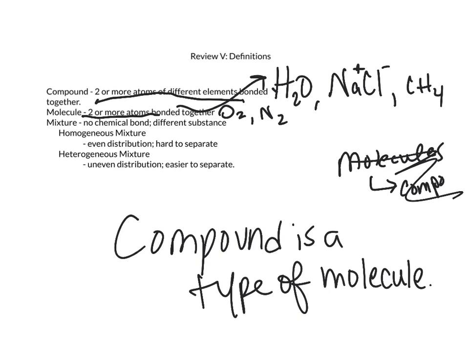Keep in mind, mixtures are different from this. So mixtures are going to be when there is no chemical bond. So it's going to be different substances in the same area, but the difference is going to be how they are distributed. What I mean by that is how packed in, how are they dissolved, something like that.